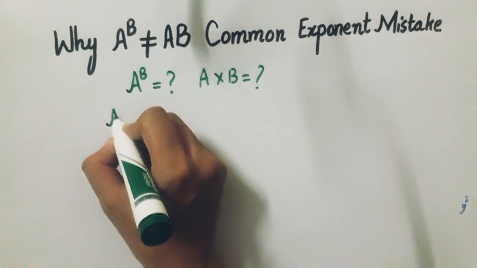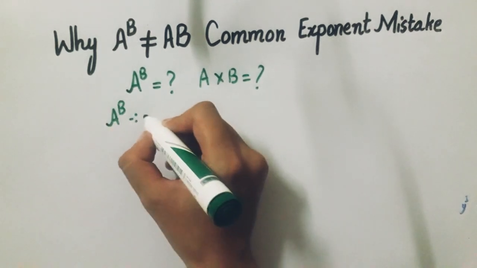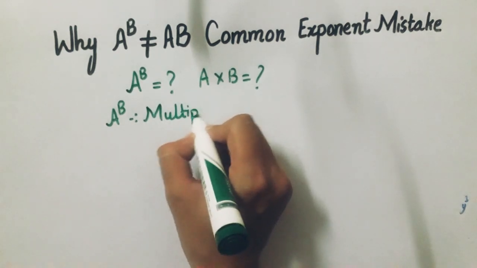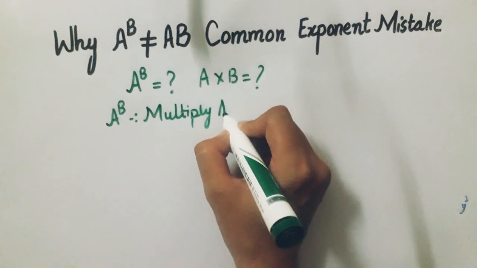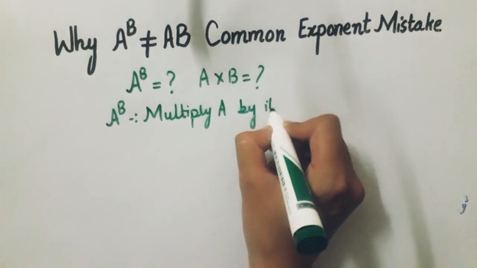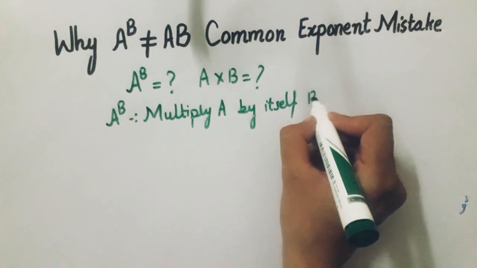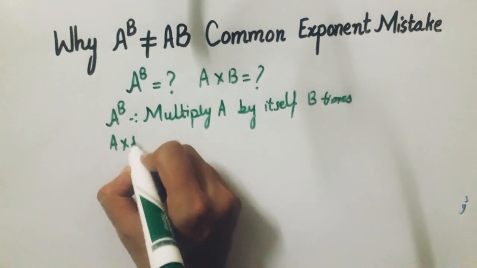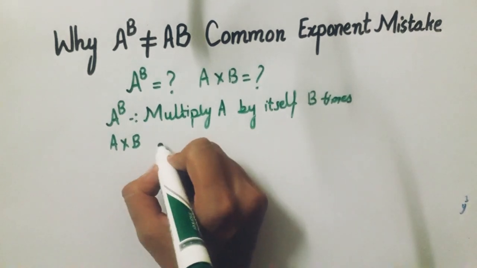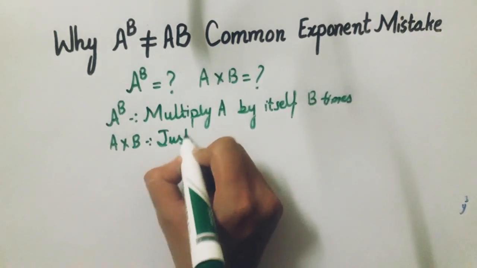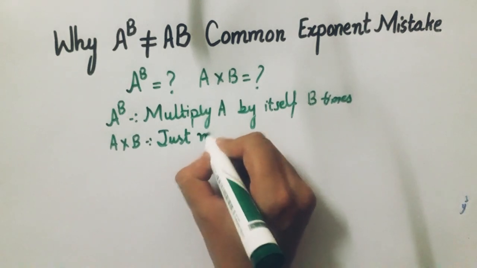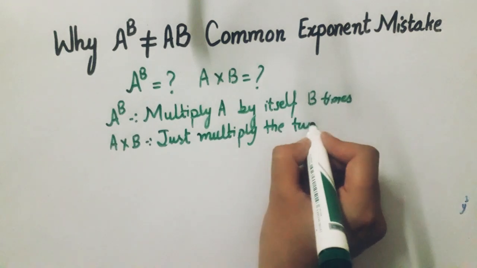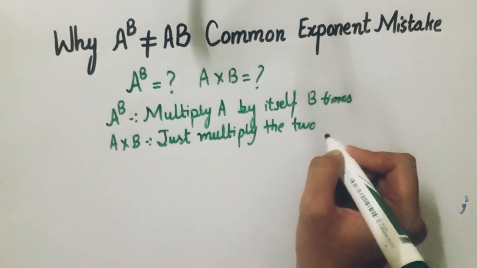Now a raised to power b means multiply a by itself b times, and a cross b means just multiply the two numbers. So this is the basic difference. Now we will consider an example.